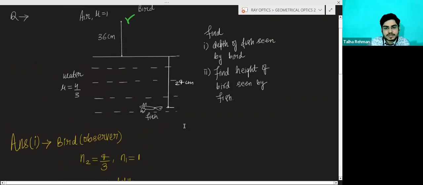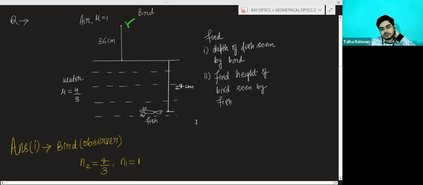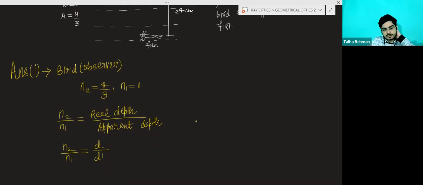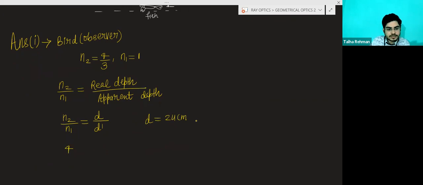So real depth of this fish is given, 24 centimeter is the real depth. D is given as 24 centimeter. Now N2 is given as 4 by 3 and N1 is 1. Real depth is 24. Apparent depth d dash we want to find.